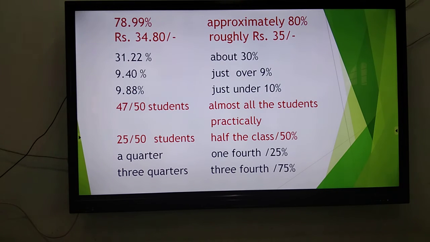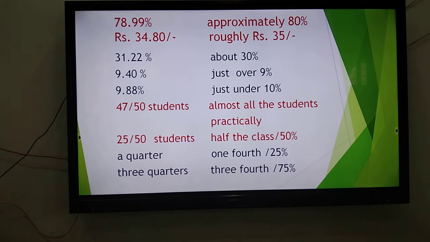For example, 78.99%. Now instead of saying the numbers after the decimal, we may just say approximately 80%. Now why do we say 80% and not 100%? We have to go to the nearest round-off number.